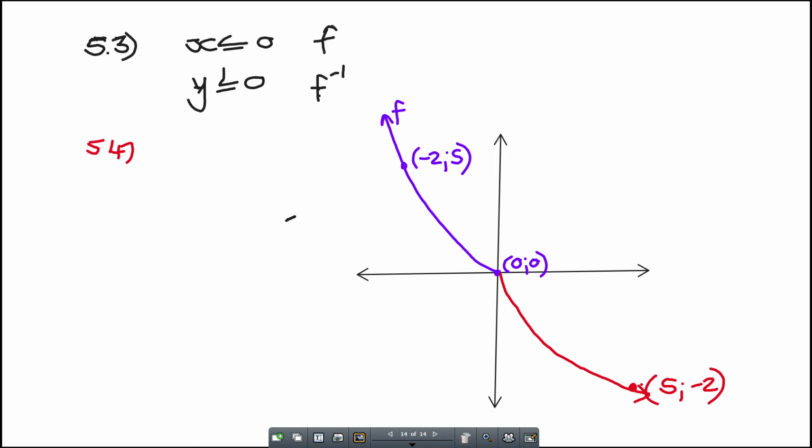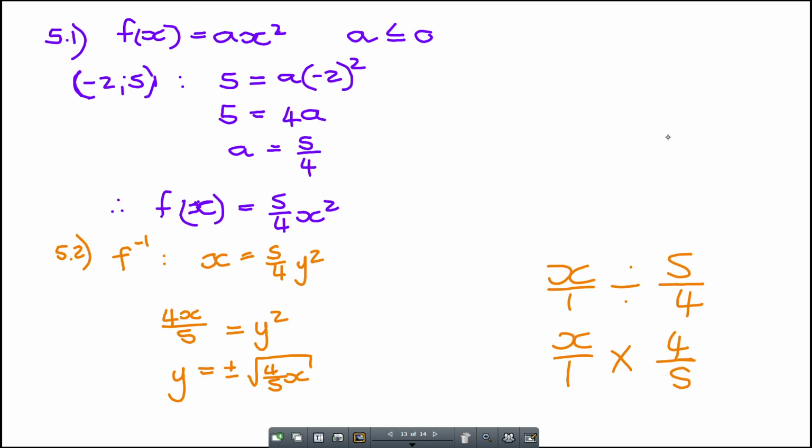Then 5.5. As die grafiek van F eers in die y-as gereflekteer word en dan in daai lyn, skryf die vergelyking van die nuwe funksie. Okay, right. So 5.5. Our equation of F was y is equal to, wat was hy, 5 op 4 x kwadraat.